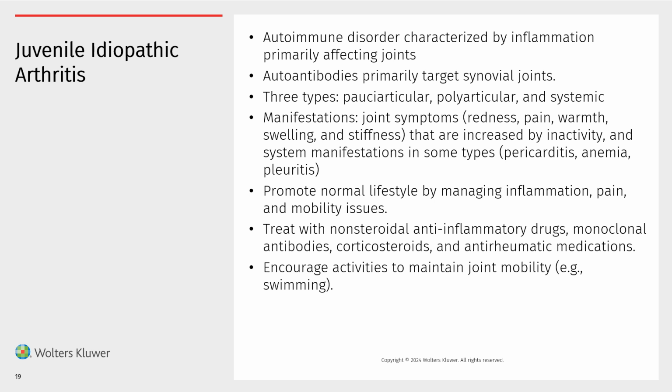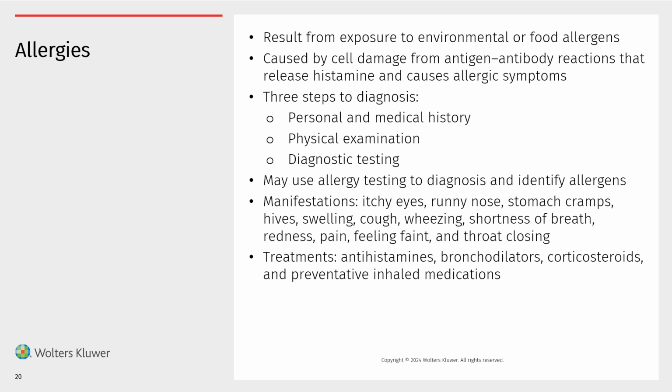Can present with joint symptoms of redness, pain, warmth, swelling, and stiffness that are increased by inactivity, and systemic manifestations. What do we do? We promote normal lifestyle by managing inflammation and pain, treat with non-steroidal anti-inflammatory drugs, and encourage activities like swimming to promote joint mobility.